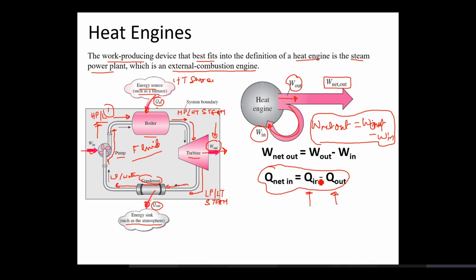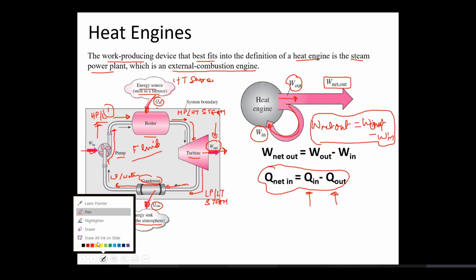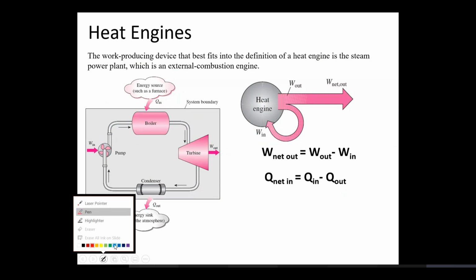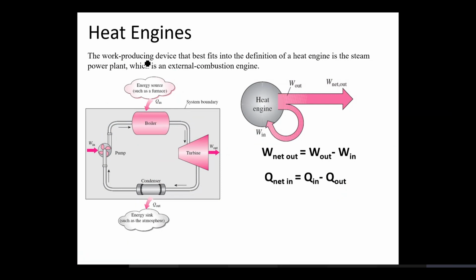Now, let me remove everything from the slide. This gray region basically marks the boundary of a steam power plant. Is there any mass which is entering into this power plant or which is leaving this power plant?